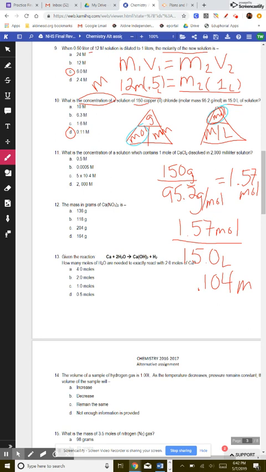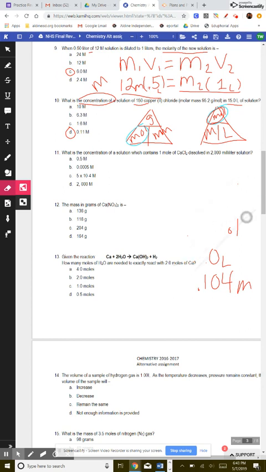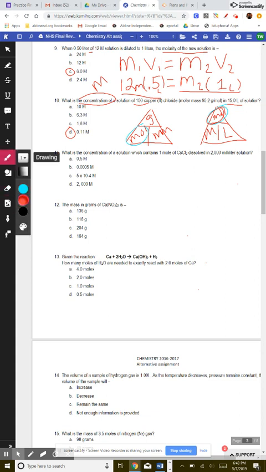Let me just erase the work from the previous question. It says, what is the concentration of a solution which contains 1 mole of calcium chloride dissolved in 2,000 milliliter solution? Well, again, this seems pretty popular, and it's probably giving us a hint.